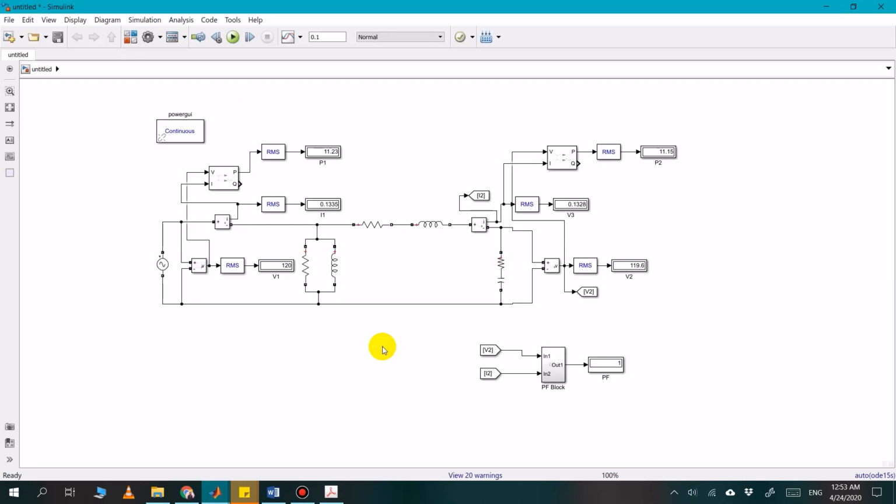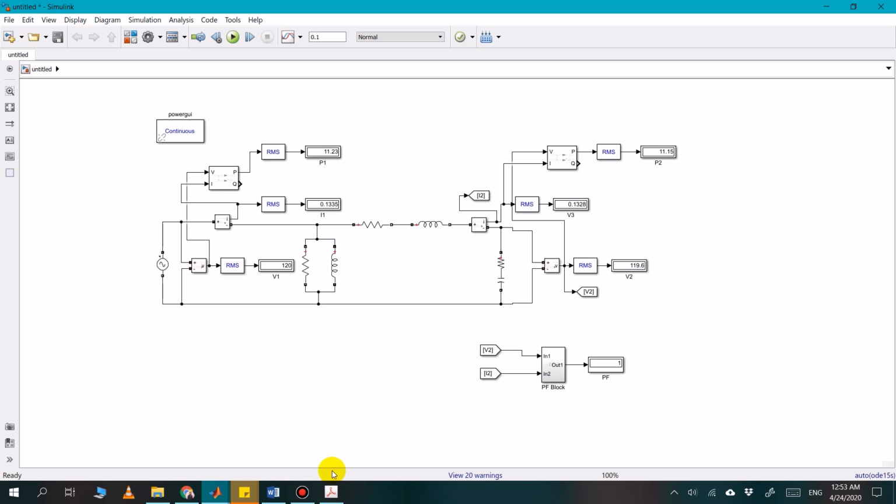The efficiency can be as high as 99%. On average, it's around 95 to 98% normally, the average efficiency of a transformer. So a transformer is really an efficient device. Okay guys, so that's it for this lab.